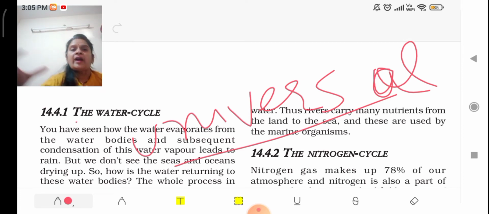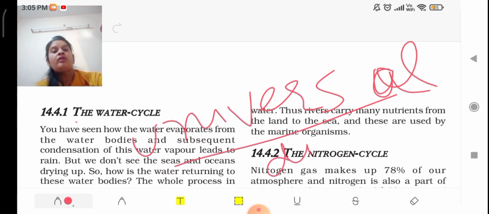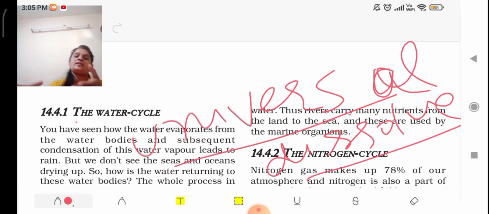Okay, so while it flows over the rocks, the soil and through the forest, it mixes with the soil. There are many kinds of soils in different states, and they contain different nutrients and minerals. Those minerals dissolve in the water, along with nutrients, humus and many more substances, and the water drains into the sea again.